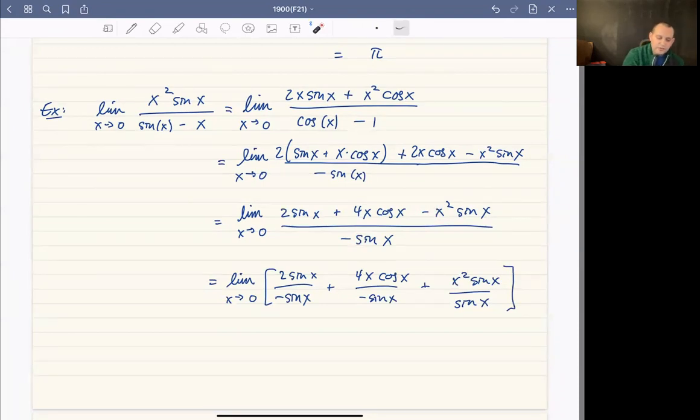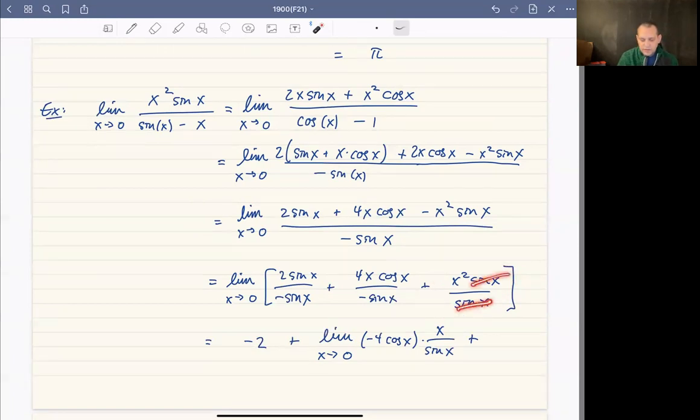Now, the reason for doing this is that here the sine of x terms are going to cancel. We get just negative 2. So we're going to get negative 2 plus, we'll still have to take the limit of the middle one, but we can rewrite it a little bit if we want. We have negative 4 cosine of x times x over sine of x, plus the last expression, where the sine of x terms cancel.